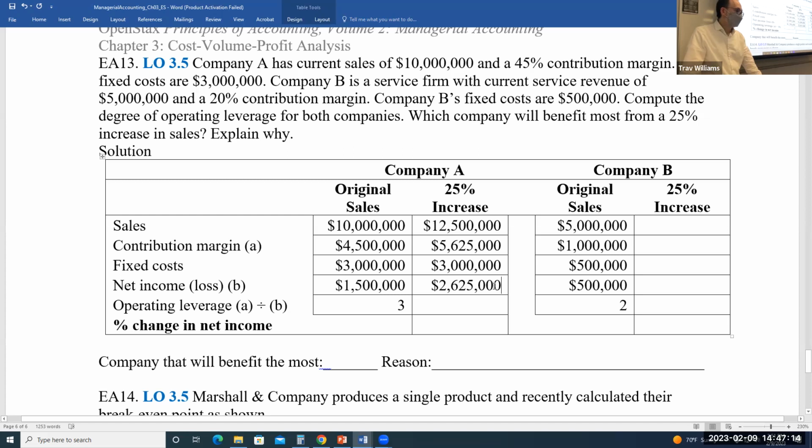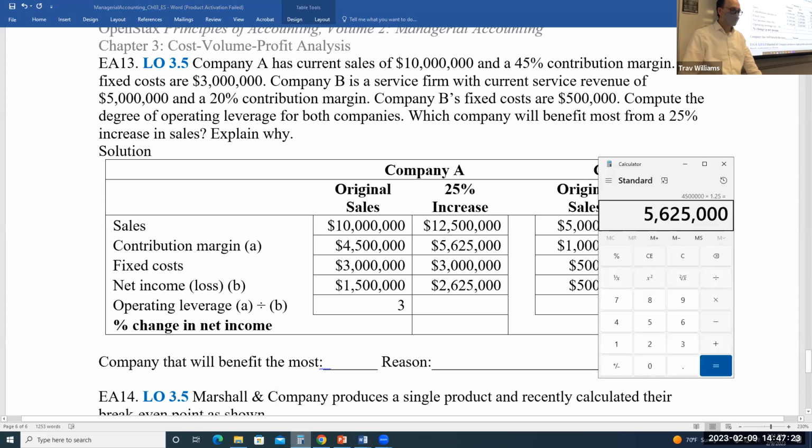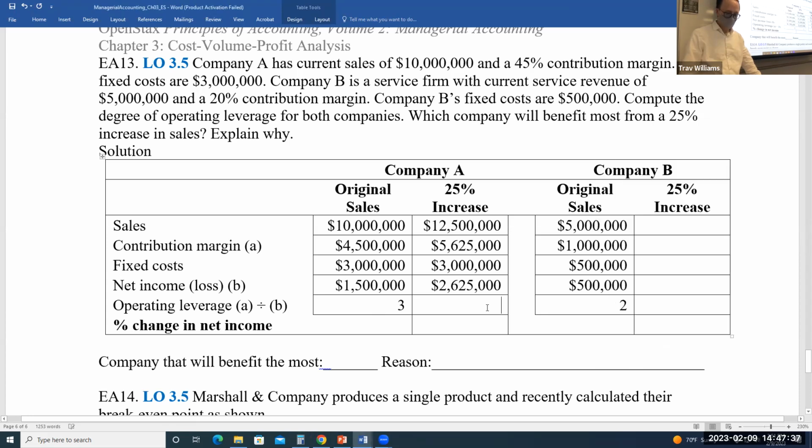We could get their new operating leverage. We don't really need that, but let's go ahead and just fill in that blank so we can see how things have changed. So if we go contribution margin divided by net income, their operating leverage went down to 2.14.